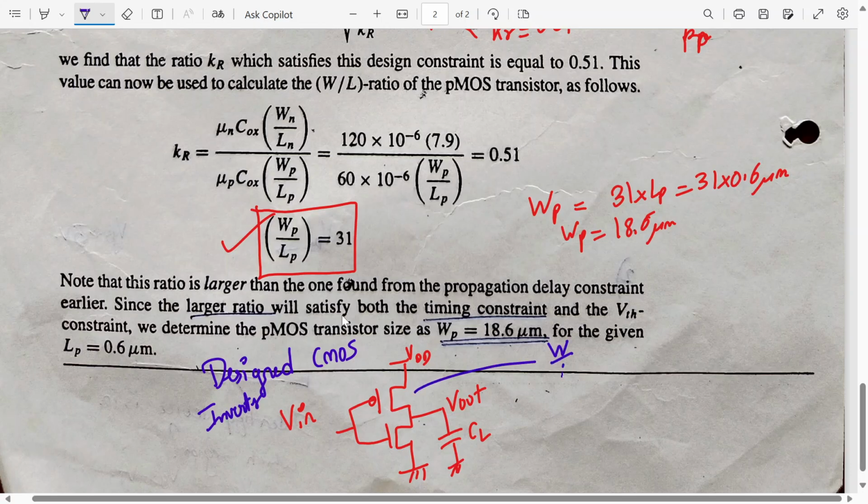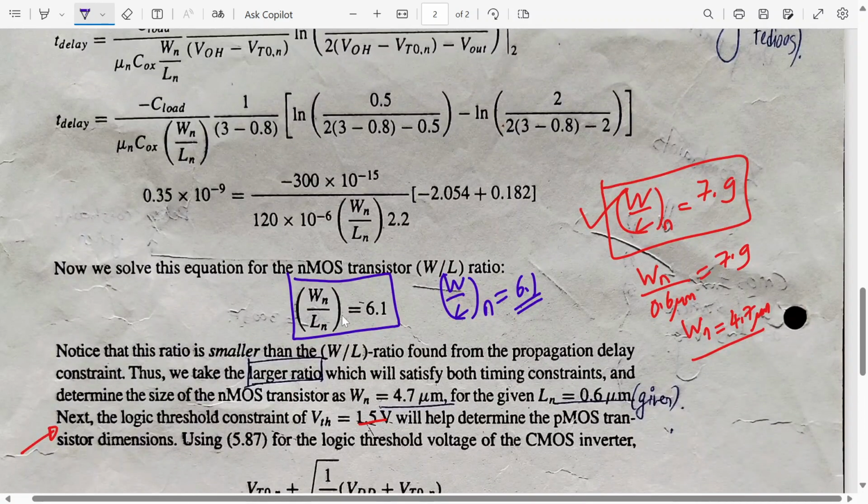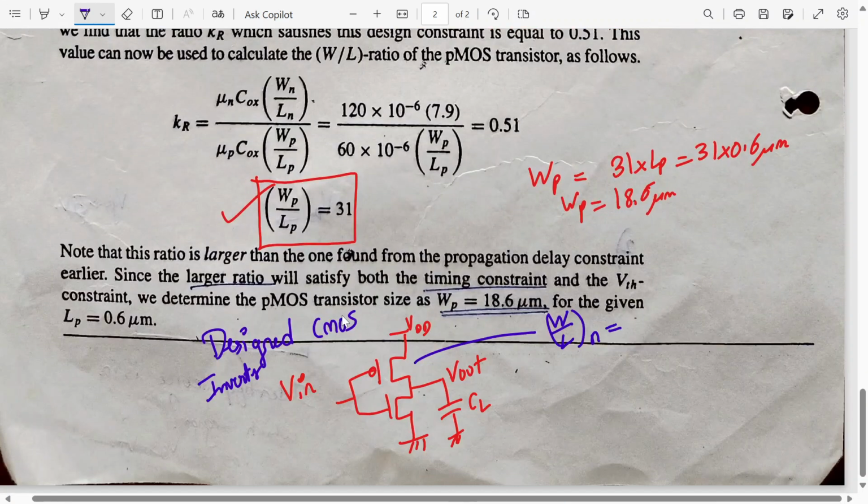So here W by L of N will be how much? We have considered 7.9. So this is 7.9, and W by L of P will be 31. So this is the designed circuit.